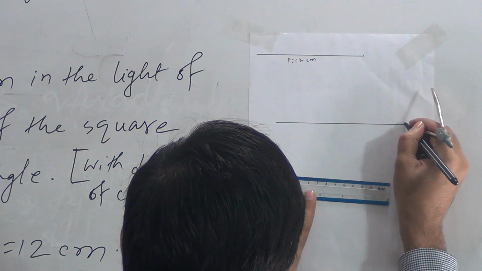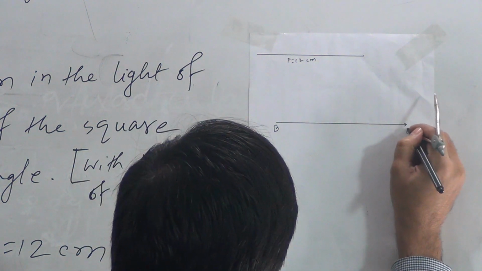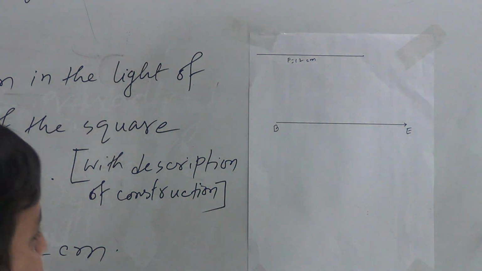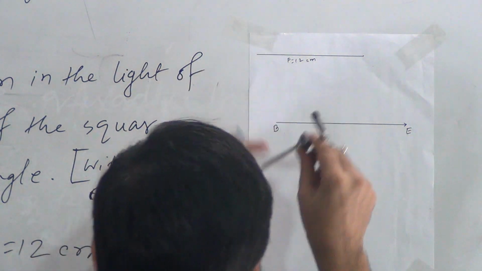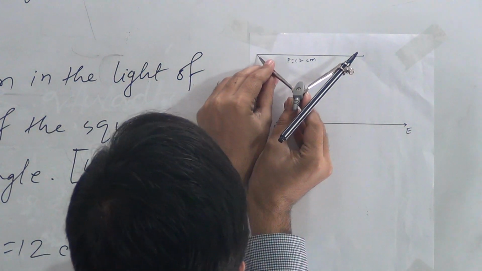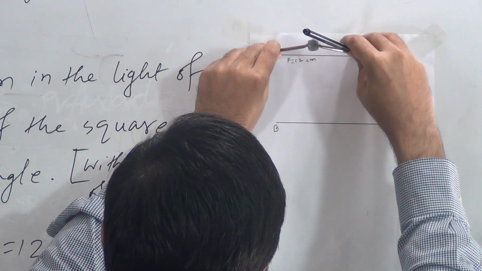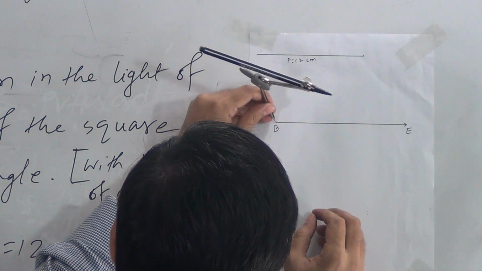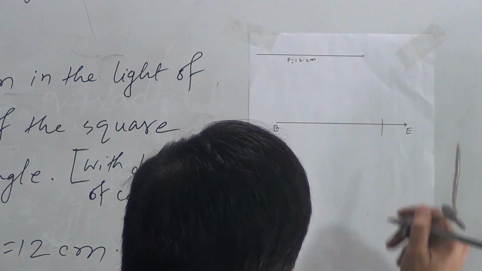At first take any ray BE. Then measure the length of the perimeter. This is 12 centimeter perimeter. So cut the perimeter from this ray. Suppose this is BM.